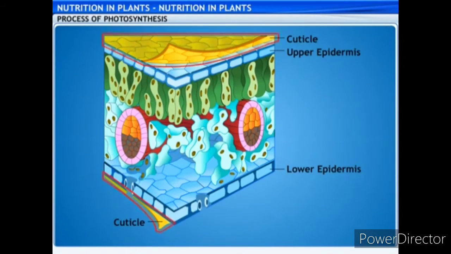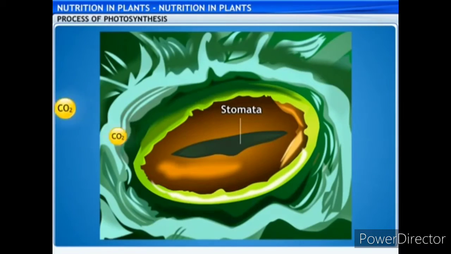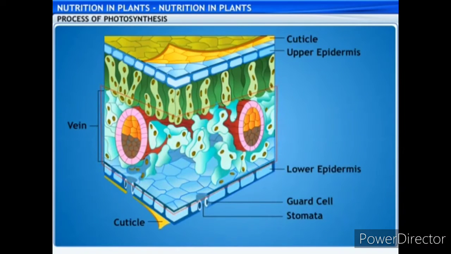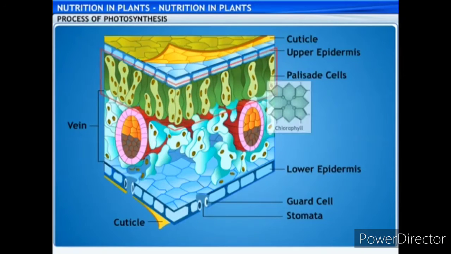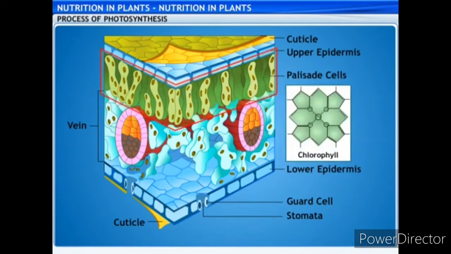We have another layer known as the cuticle layer, and we have so many stomata in the leaf, which are responsible for gaseous exchange. Through the stomata, carbon dioxide enters the plant, and here we have veins. These veins are responsible for transporting water molecules from one place to another.